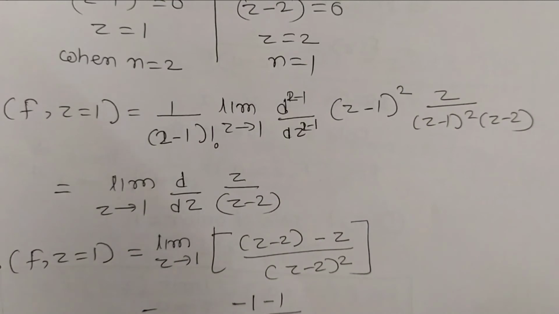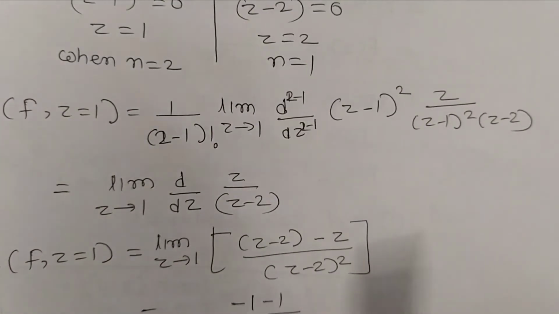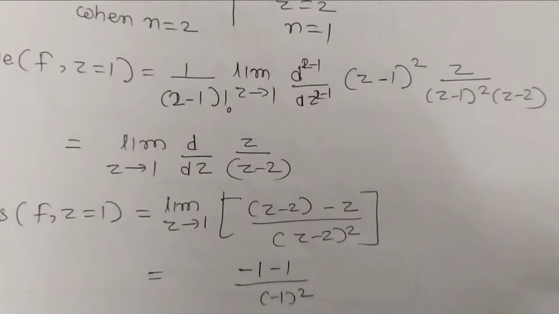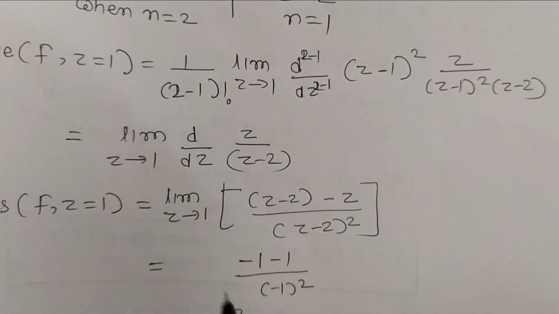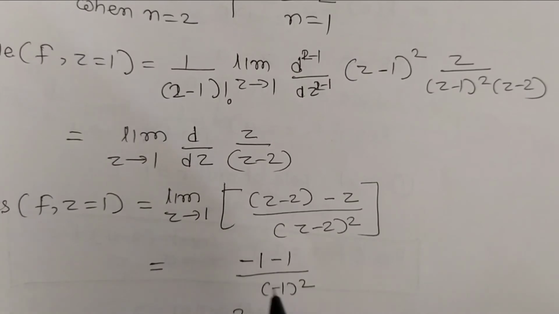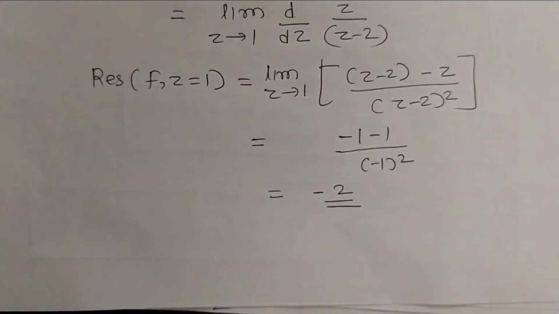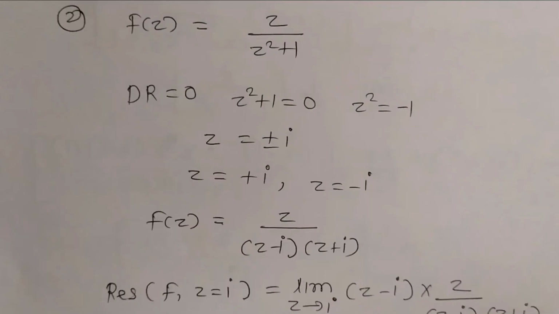So here z tends to 1, put z = 1 here, and it becomes minus 1 upon (−1)^2. That is (1 − 2) − 1 = −1 − 1, so this is −2, and (−1)^2 is 1. So this is −2.